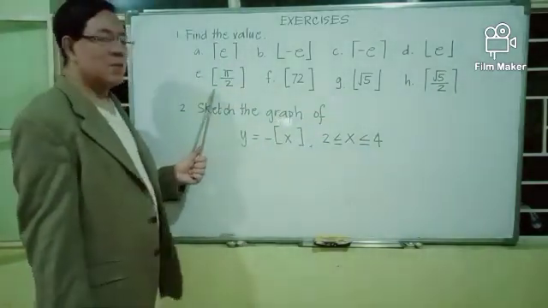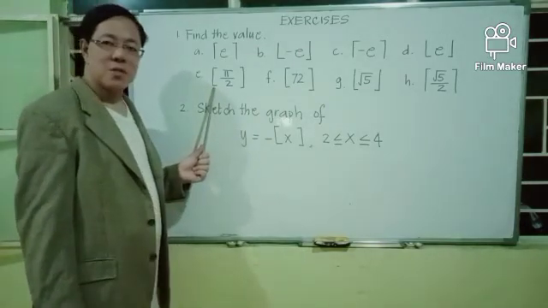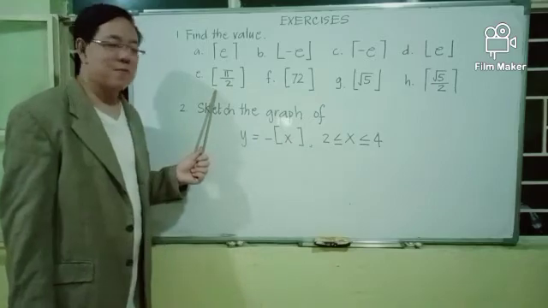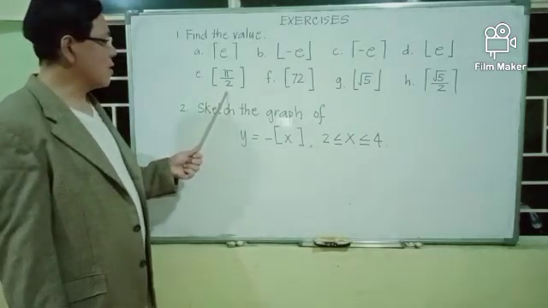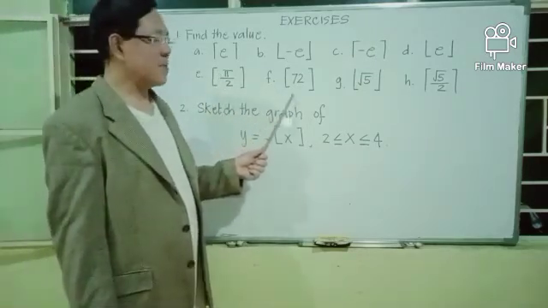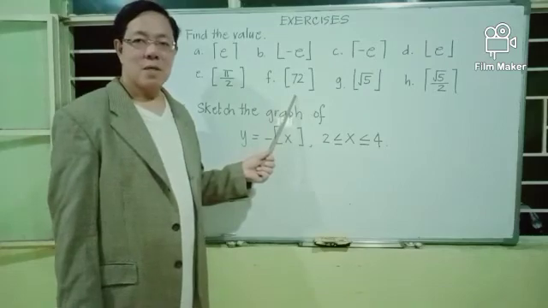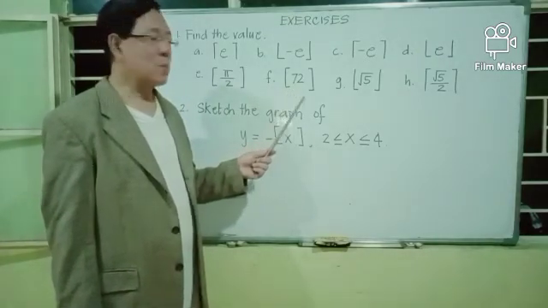And letter E, this is actually another notation for the floor of a real number, and here we have the irrational number pi over 2. Letter F, the same notation for the floor of 72.